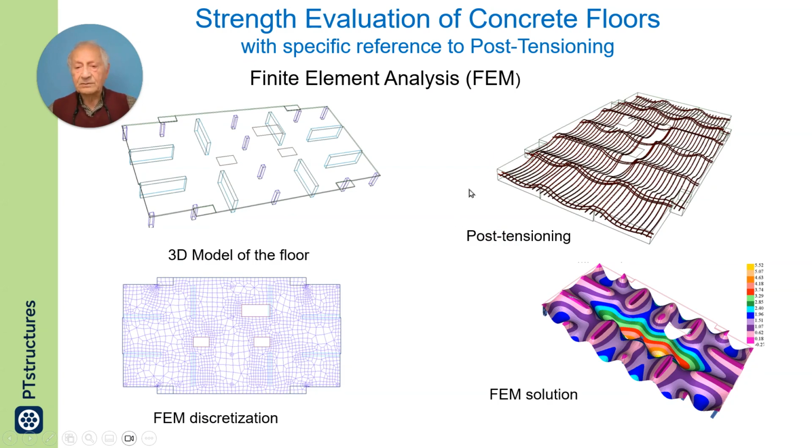Then, if the previous method, which is redistribution, does not apply, then you model the entire floor using finite element analysis. You model the floor, put the post-tensioning in it, and you break it into subdivisions of a mesh, and you obtain a distribution, of which I am showing the contour of the deflection on the right.